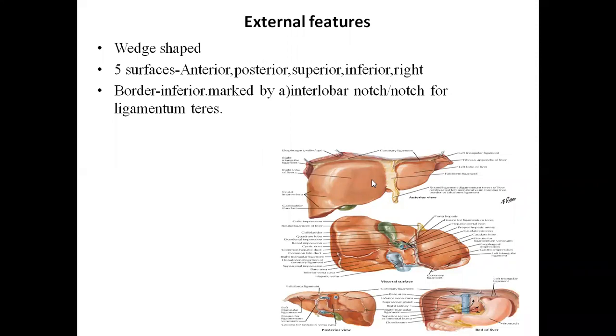Liver has got 2 lobes, right and left lobes. In between that, there is a notch, which is seen on the inferior border. So this is called interlobar notch, or this is also called notch for ligamentum teres. There is a ligament here in this area that is called ligamentum teres. So this can be called as notch for ligamentum teres.